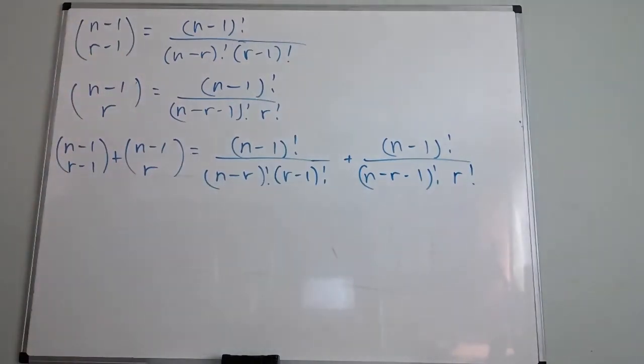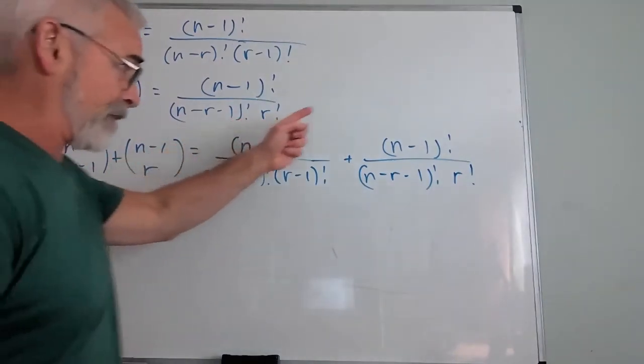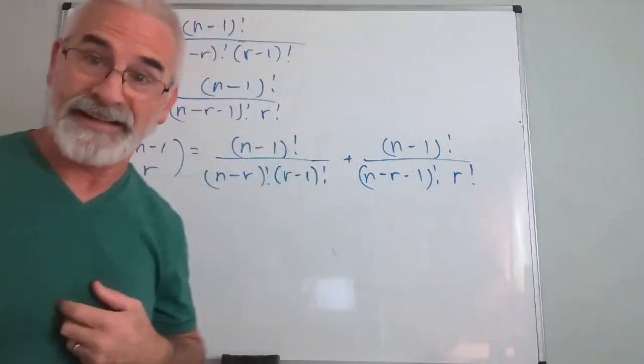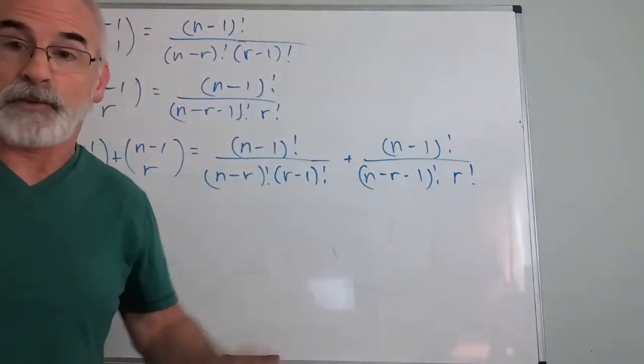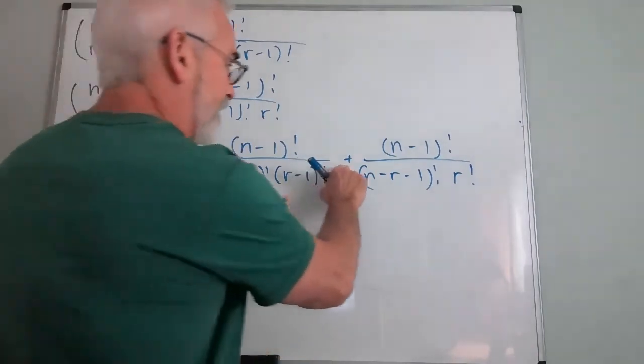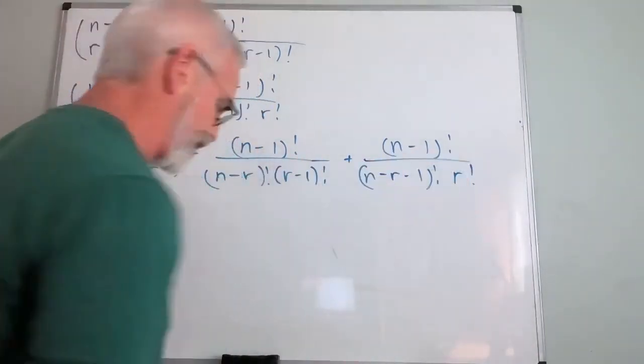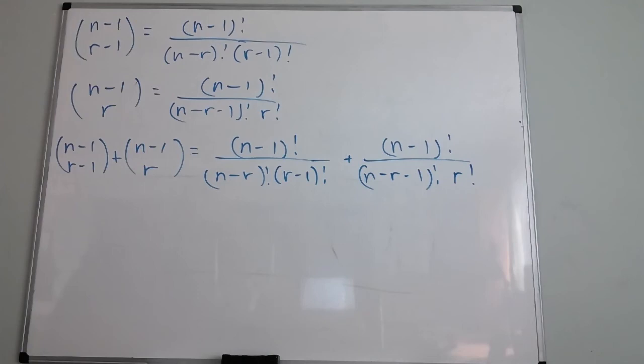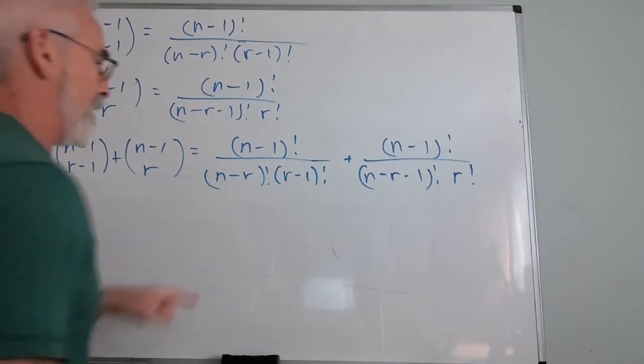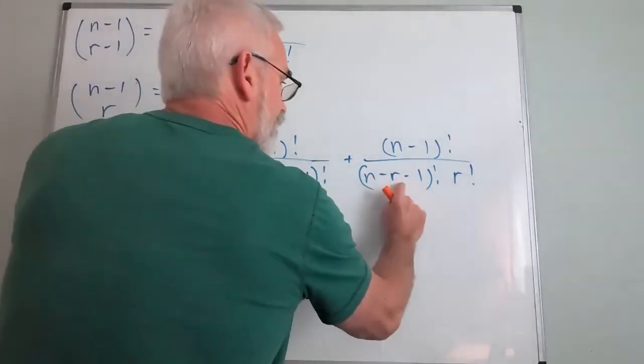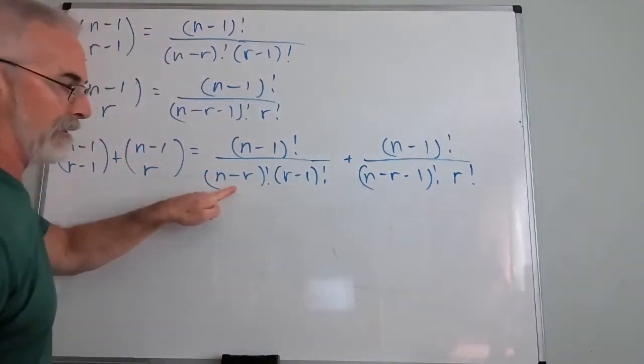Well, I would really like to have a common denominator. A lot of you say, well, I can factor the n minus 1 factorial out of my numerator. I can. It's not really going to make any difference. I still have a sum. I need this to be one quotient. So how do I make it one quotient? Well, first of all, n minus r minus 1. This is bigger.